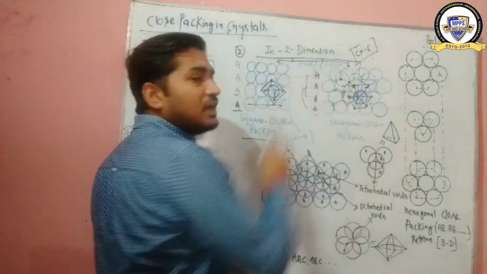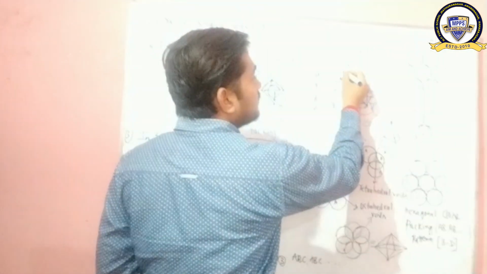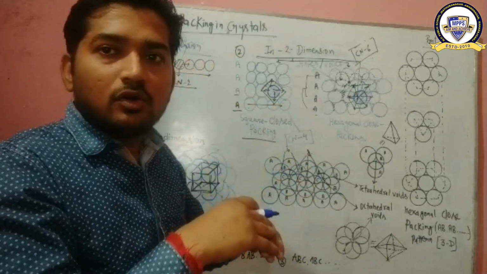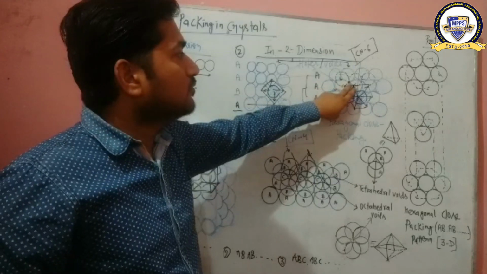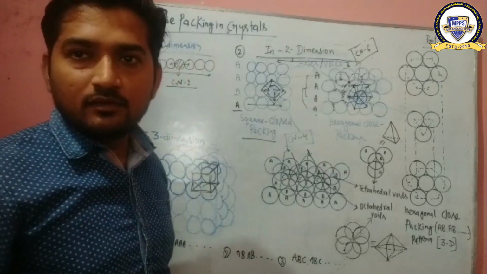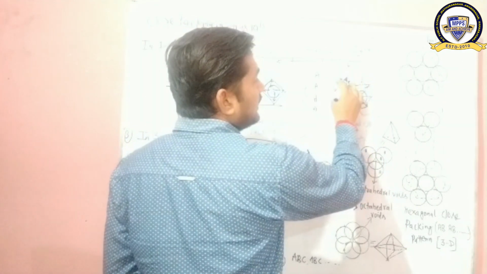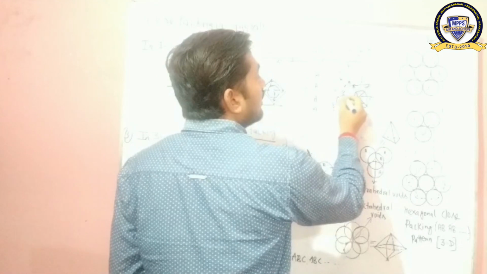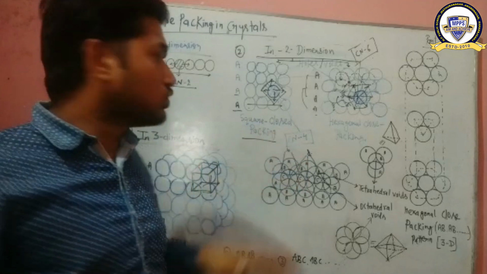So when we put another layer over the first layer, what will happen? The another layer, this black one, shows that they must be stacked over specific voids. Either they acquire B or either they acquire A voids, and due to this they show two-dimensional arrangement.